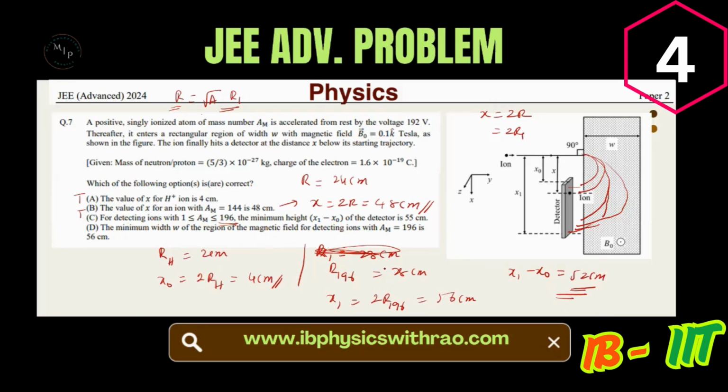So therefore, this is 52 centimeter. Just give me a moment. We made a mistake once again here. See, it falls over here. Then let us say this is your hydrogen ion over here, and the x1 is 52 centimeter.